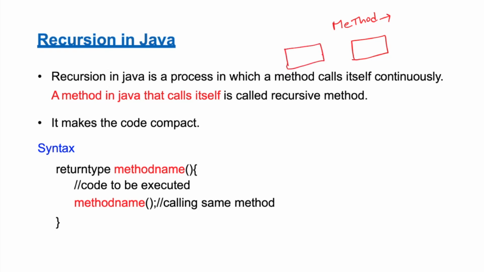This method is going to call the other method. In this scenario, one is known as the called method and the other is the caller method. This is what we discussed in the previous class: one method is called by another method.